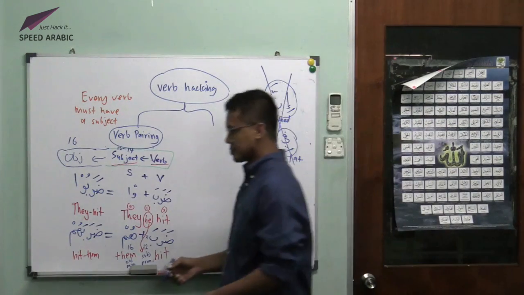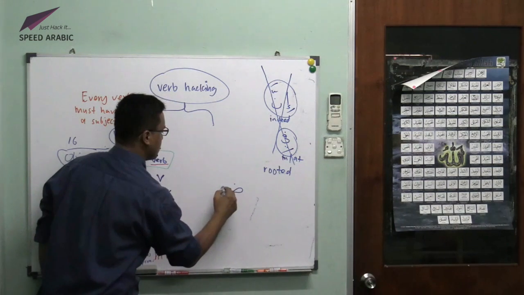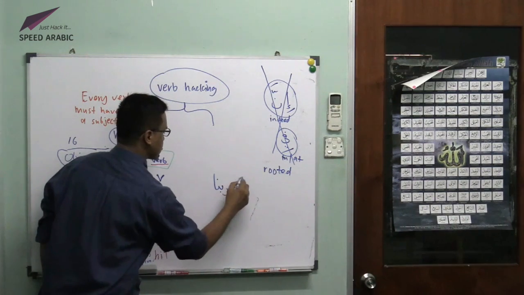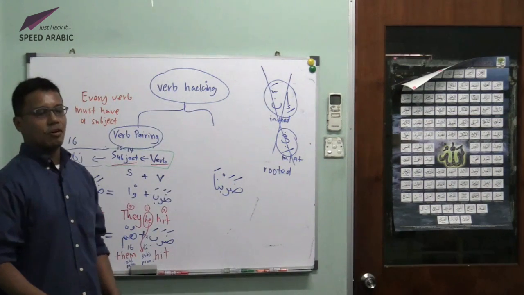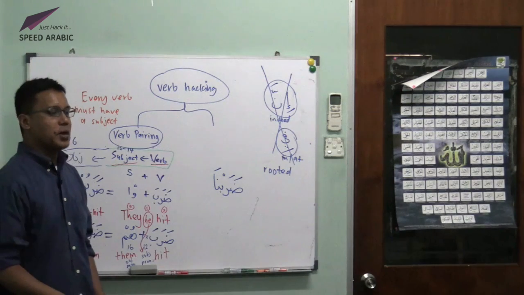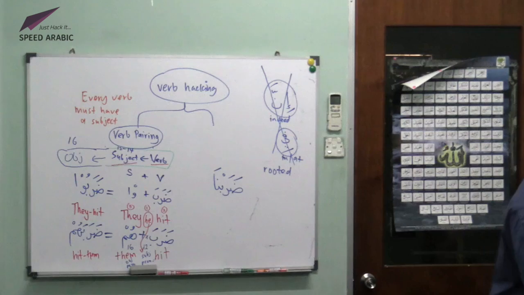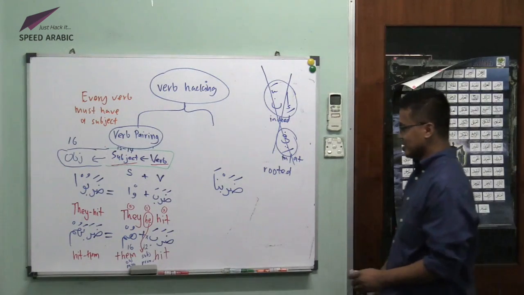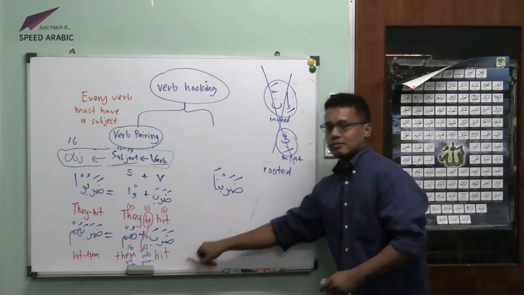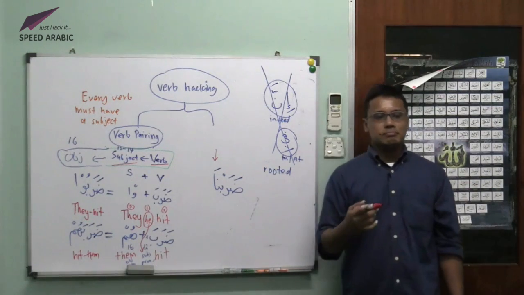Try to give the meaning for darabna. So this darabna, which column is it in?